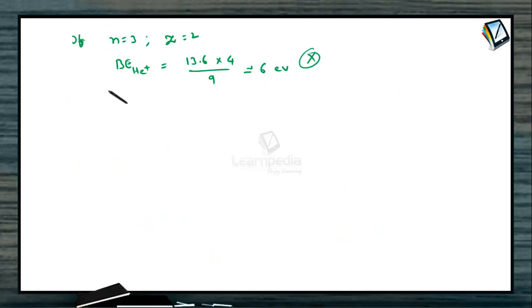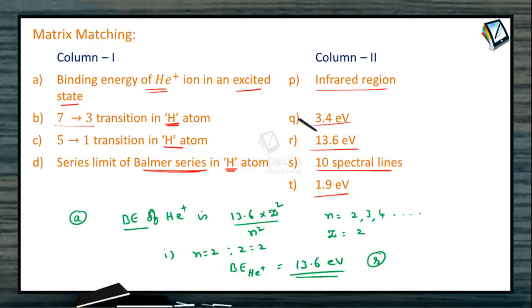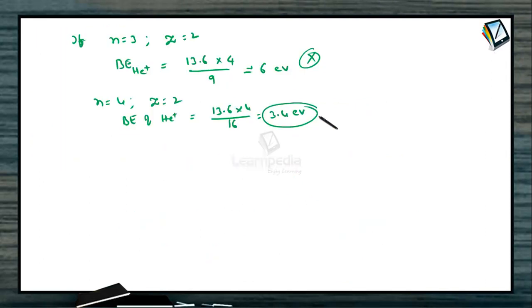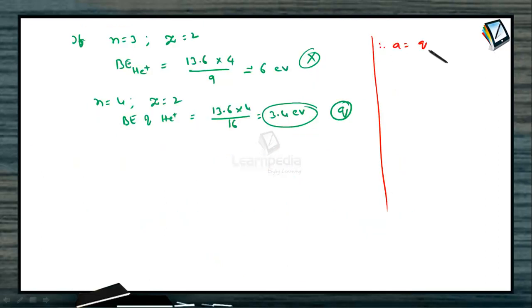Then N is equal to 4 and Z is equal to 2: the binding energy is 13.6 into 4 by 16, which is 1/4 of 13.6, so 3.4 electron volts. We have 3.4 electron volts as option Q. So for A we have 13.6, which is R, and 3.4, which is Q. Therefore A goes with Q and R.